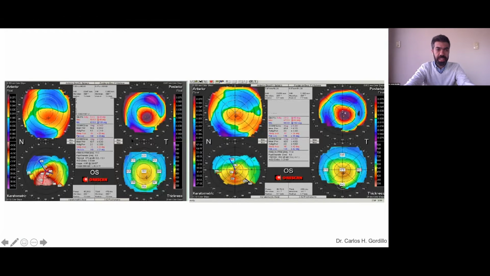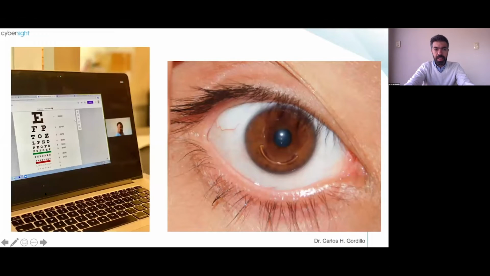Here there's another case, and I'm just showing you the topography with a really clear reduction. In this case, we used only one regular base ring. This case is really nice to show you because it's a patient who, during the pandemic quarantine, couldn't come to our consultation.